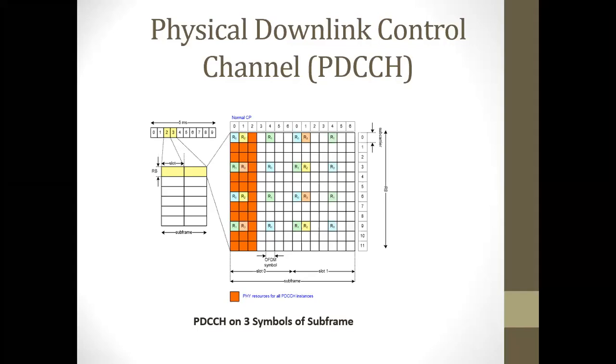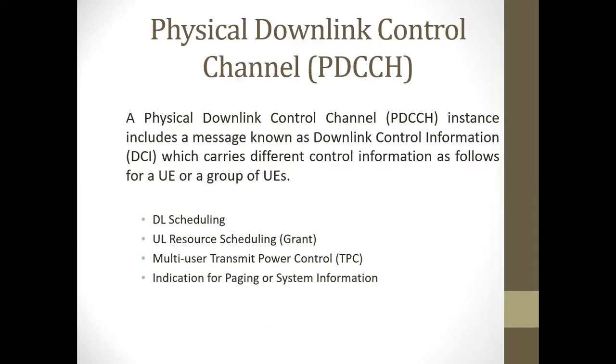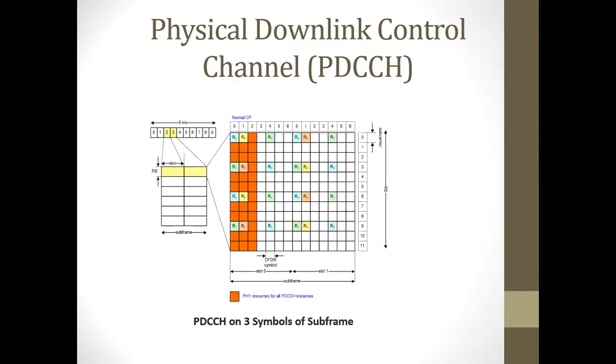When you allocate them to a large number of users, then you need more PDCCH instances. But when you allocate the resources to a small number of people, then you need fewer PDCCH instances. So the number of PDCCH instances required varies depending on how you manage the resources in the current subframe.